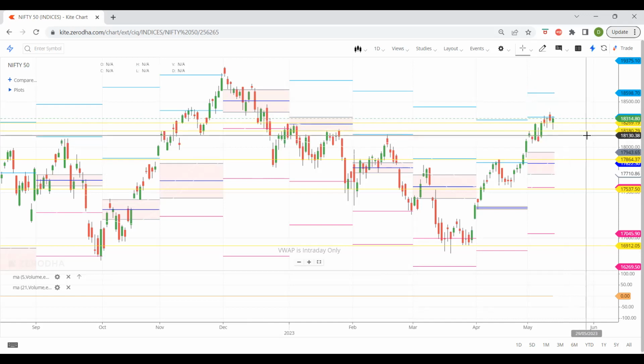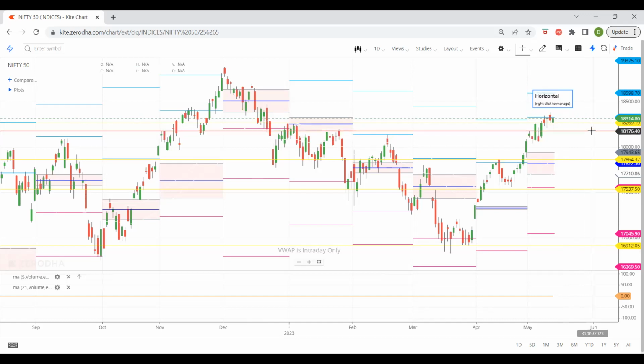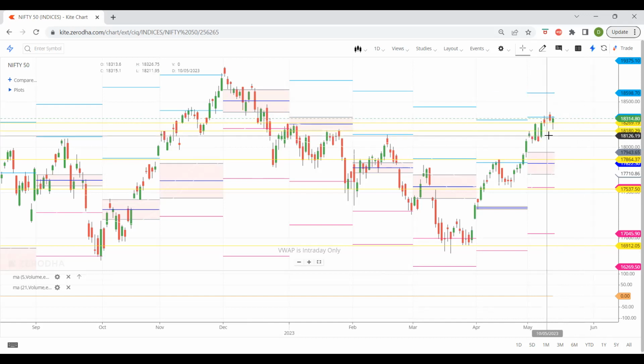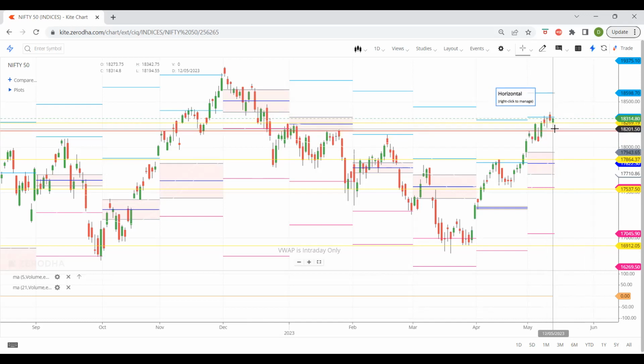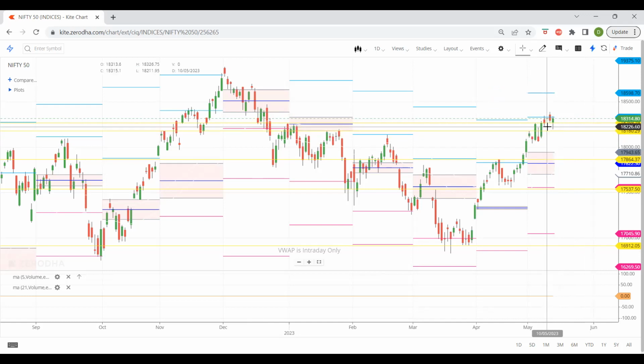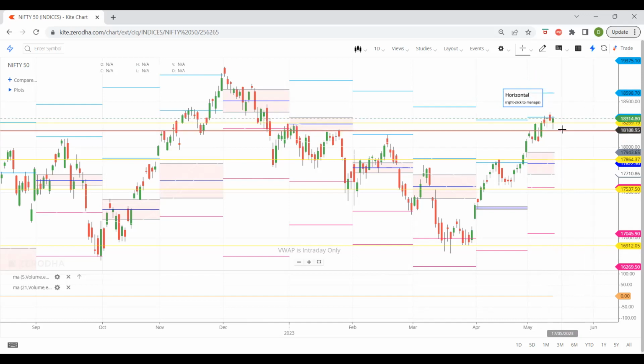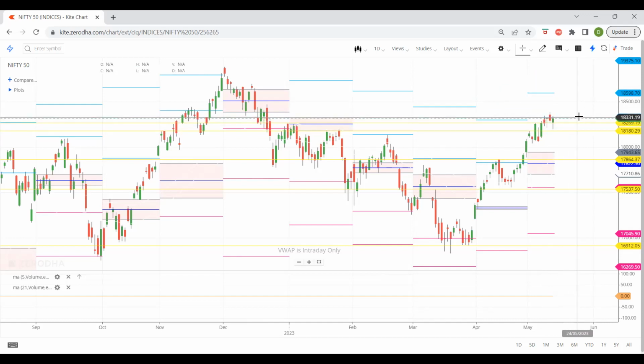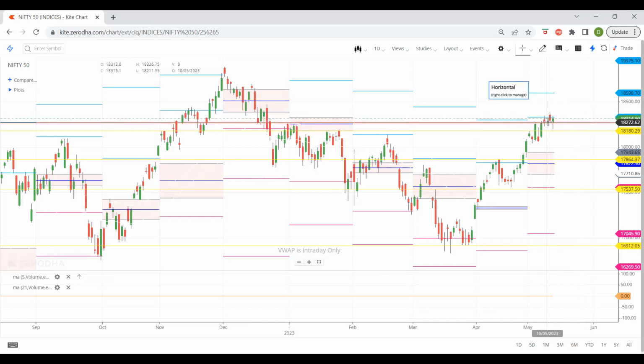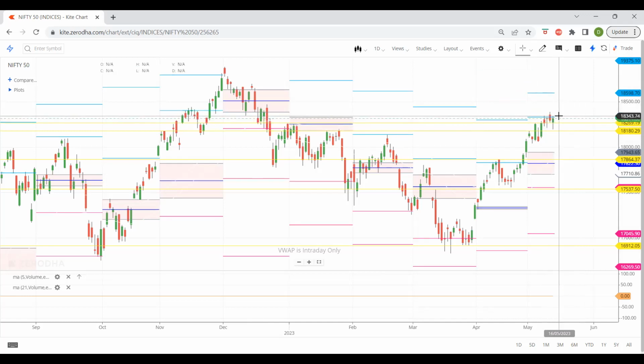Let's see what the levels to watch out for are. Over the last 4 days, whenever Nifty came anywhere close to the 18,200 levels, a lot of buying emerged, and in all those 4 days, it managed to give a close much higher than the 18,200 levels. So 18,200 is key. If Nifty manages to hold above 18,200, then ultimately we might see a break of the 18,350 levels.